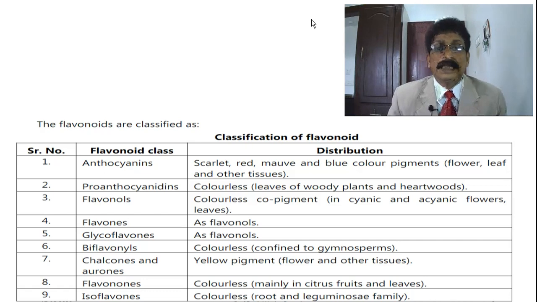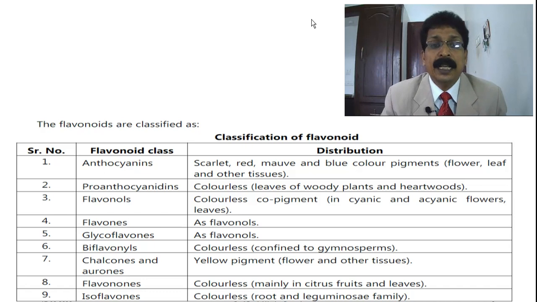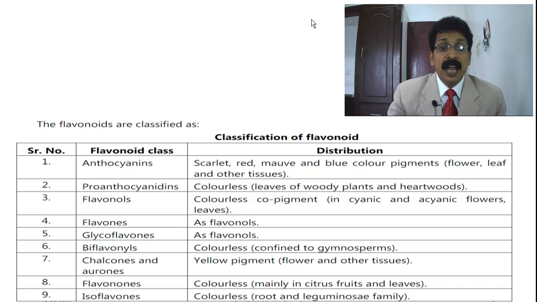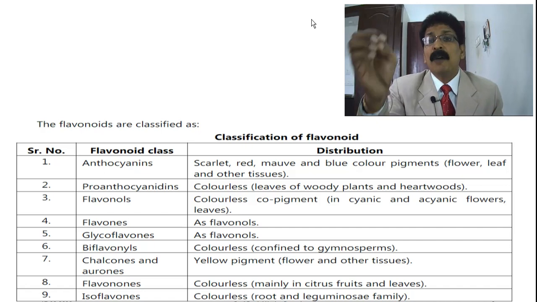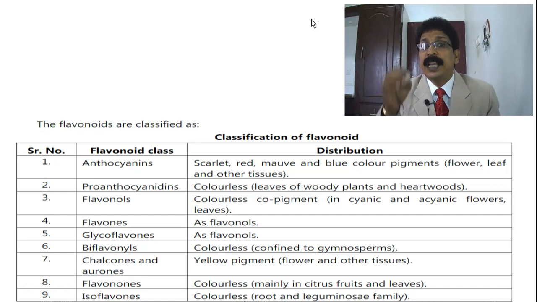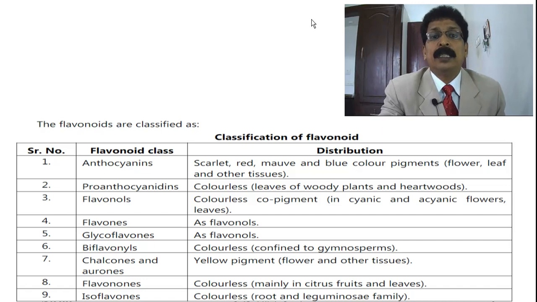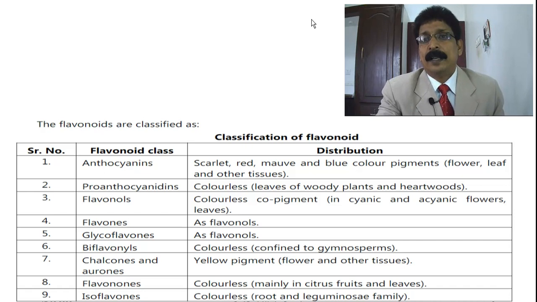Flavonols are present as colorless mainly in citrus fruits and leaves. Isoflavonoids are colorless, seen in roots and the Leguminosae family. These are some of the classifications which give details about the presence of flavonoids in the plants and how they are distributed in them.